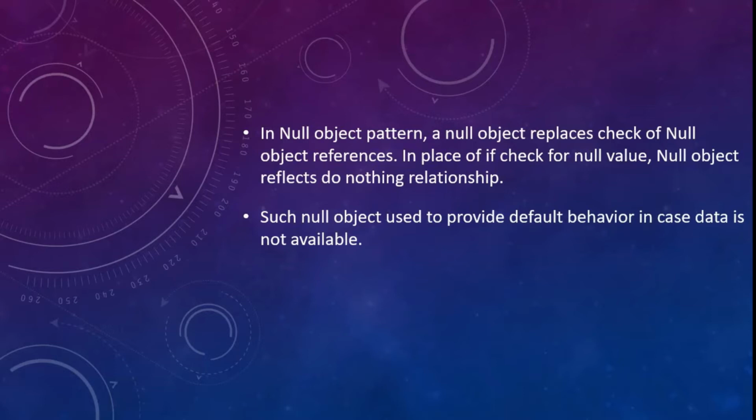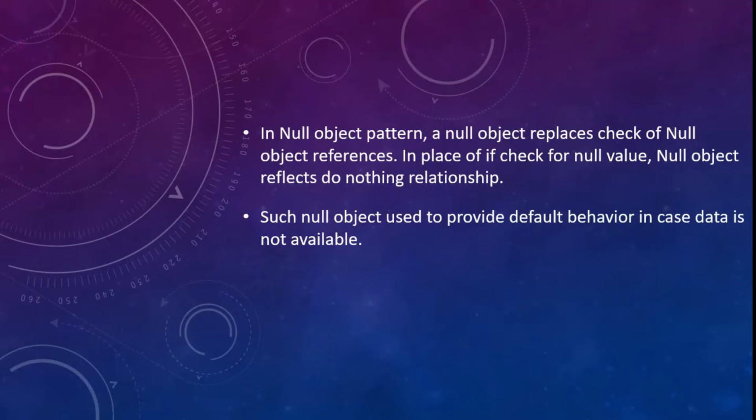Suppose in a real-time example you are going to fetch data from a database table, and for a particular employee ID you will not get any data from the table. At that time you would check whether the employee object has a null reference, and in that case provide an exception like employee not found.